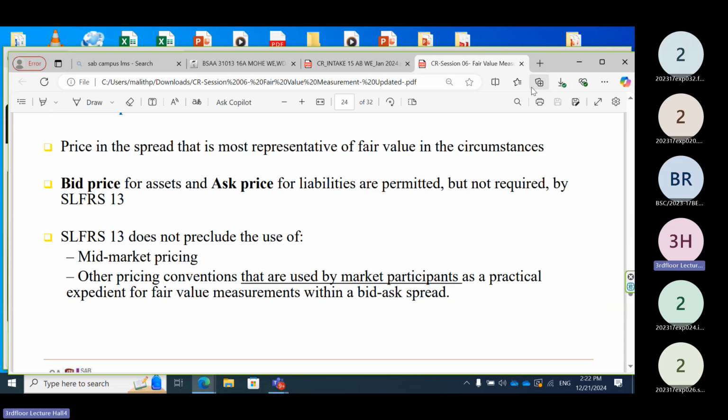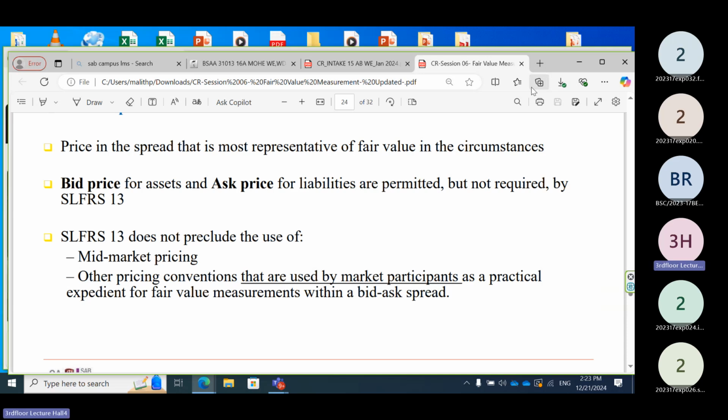You have to get some other asset or LKR. For that you have to sell it to some other party. If you have a liability to settle using foreign currency, then you need to buy foreign currency. You need to ask for some foreign currency from outside. Then ask price. If you have a liability, ask price. If you have an asset, bid price. Right?